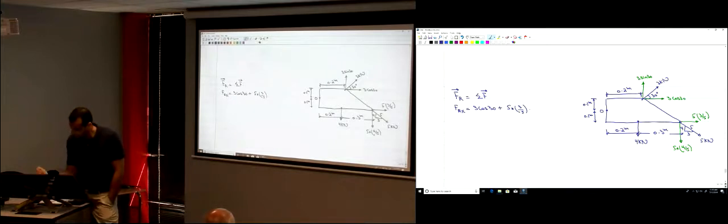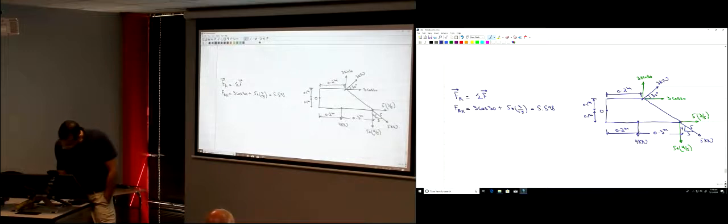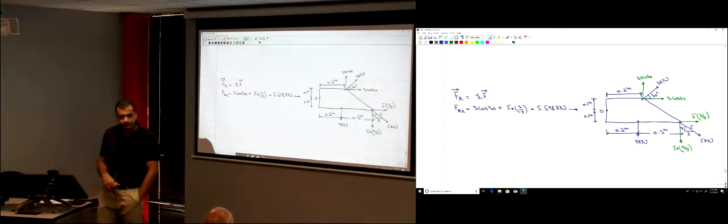Anything else? No. So FRX is 5.598 kilonewtons to the right.